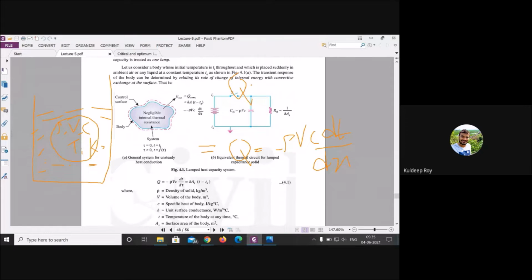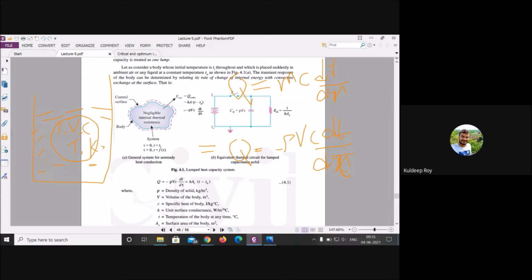If you want to determine Q, it is nothing but m Cp del T by del tau. m means rho multiplied by V, C is the specific heat capacity, and delta T by delta tau. Sorry, this is tau, not H. This is tau.